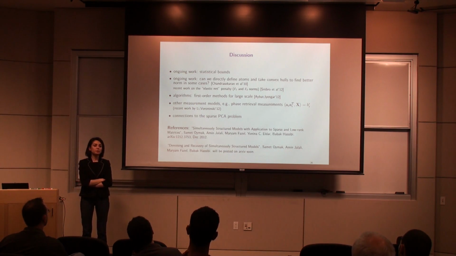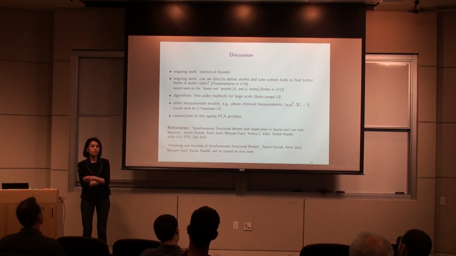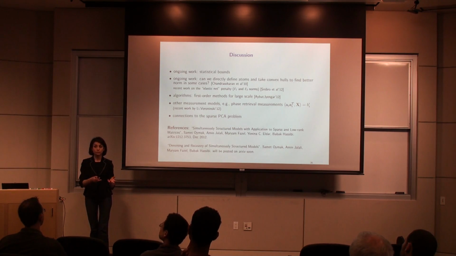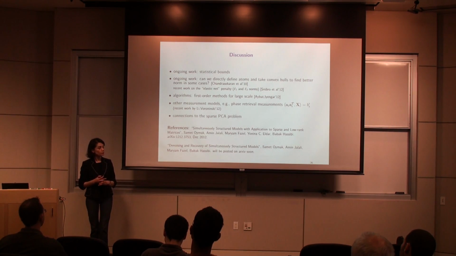They have a very nice paper that gives a general framework saying that if you would like to recover a certain structure, you construct atoms that represent that structure. The desired object is a combination of a few atoms out of your atomic set. Then there is a systematic way to construct an atomic norm, and that norm is guaranteed to require the minimum number of Gaussian measurements. That's a very nice recipe.